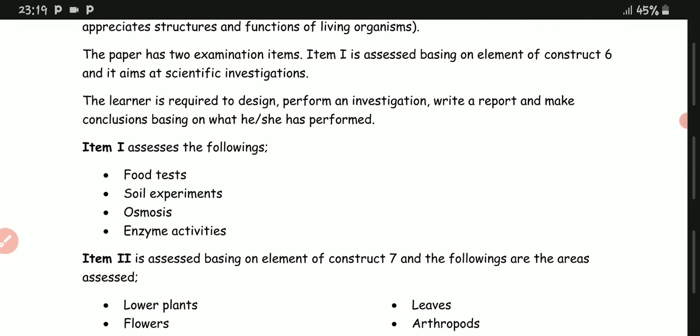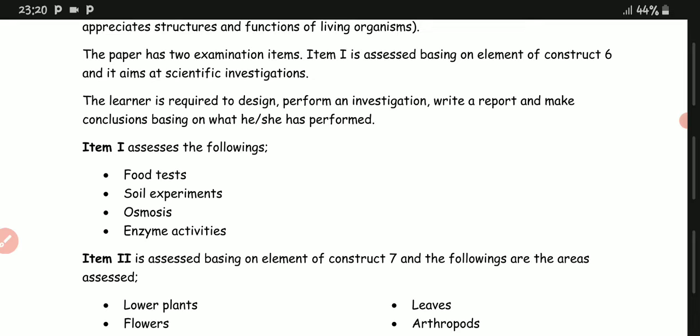In item 1, the learner is required to design. Remember, you are carrying out a scientific investigation. Therefore, you are required to design, perform an investigation, write a report, and make conclusions based on what you have performed.